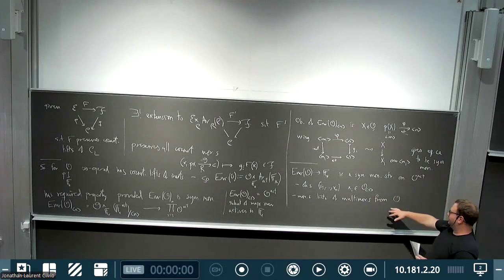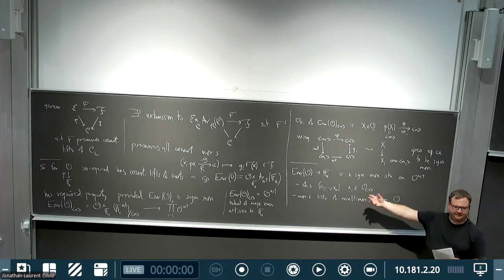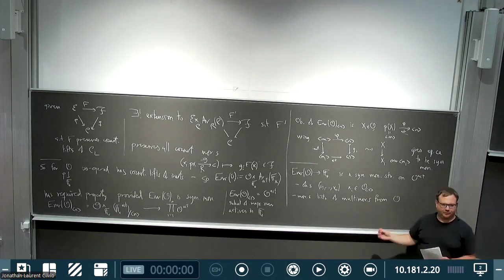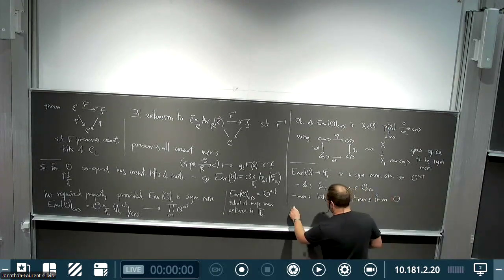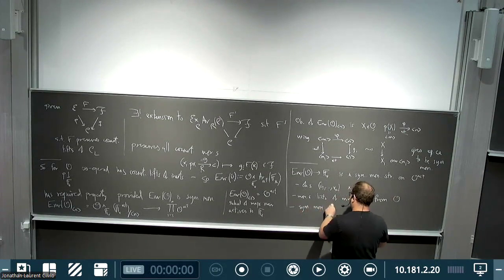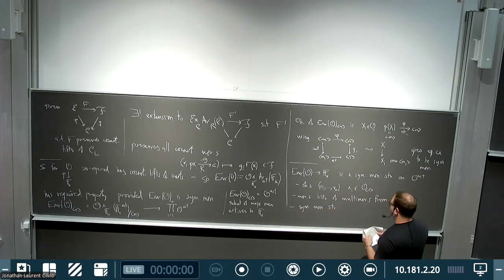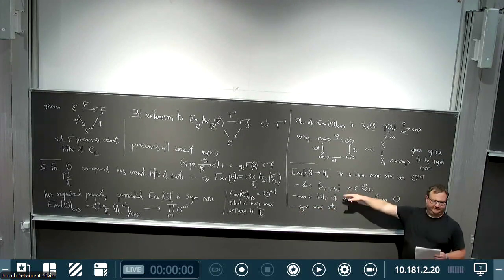Because the multi-morphisms are supposed to be exactly the things living over active maps we want. And this has a symmetric monoidal structure, which you can think of as just being given by concatenating lists.